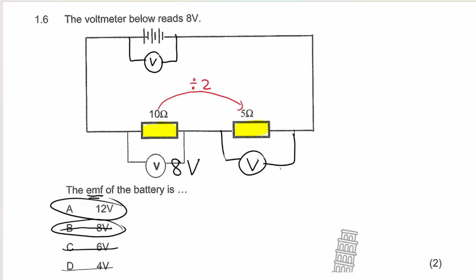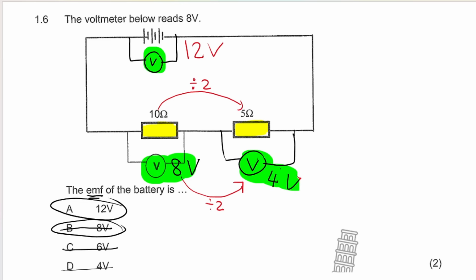Now, if I divide the resistance by 2, it means it has a smaller resistance, which means it'll have a smaller voltage. So that means to get this voltage over here, I would have to divide this by 2, and this voltmeter would read 4 volts. And then you simply say, well, I'm looking for the voltmeter reading across the battery, which means I must take this voltmeter reading 8 volts and this voltmeter reading 4 volts, and that's where the 12 volt answer comes from for the reading across the battery or the EMF of the battery.